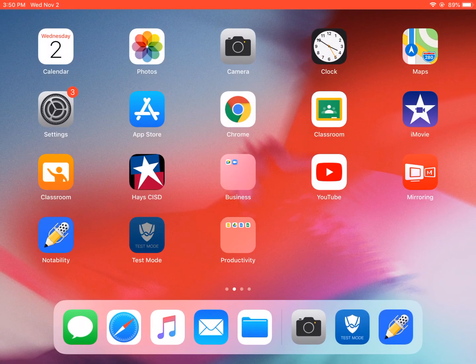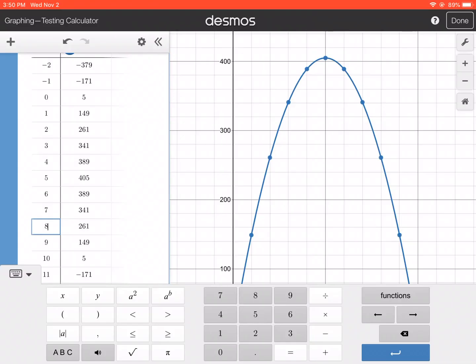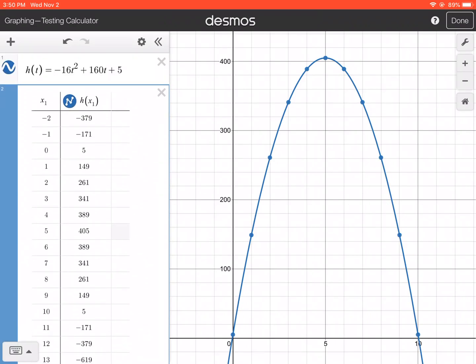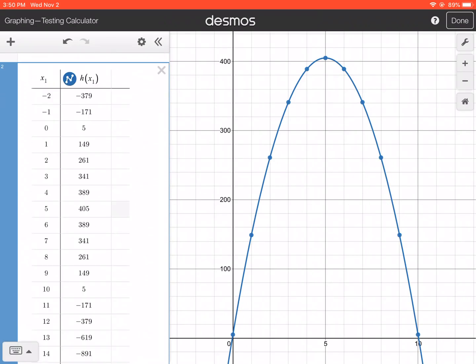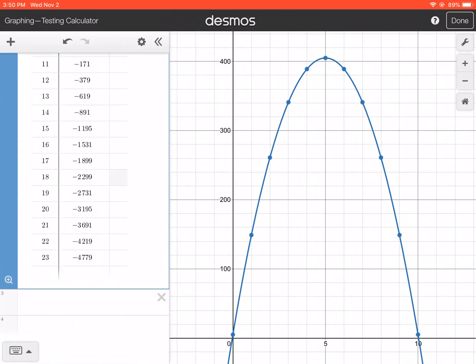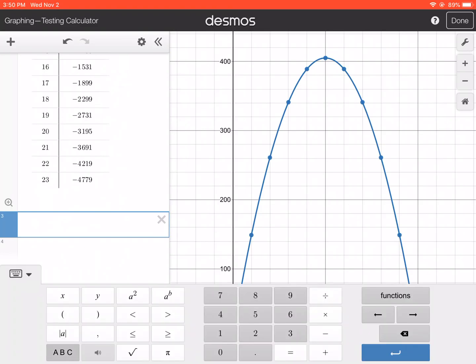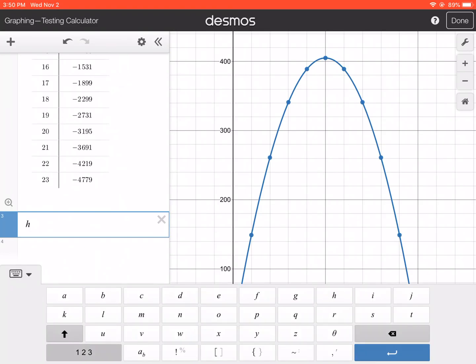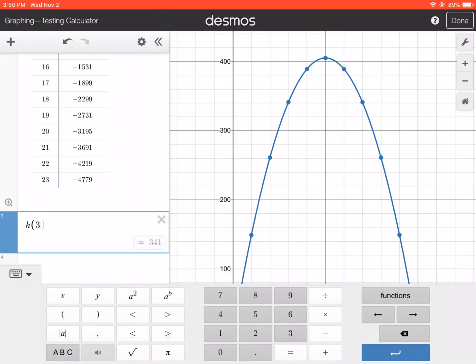So first thing I'm going to do is I'm going to see if I can actually type in h, which is on my alpha screen, and then parentheses 3. And if you'll notice, an answer popped up, and so that's what we get, and we don't have to do any more work. What is happening is we are plugging a 3 into the t spot in that equation.